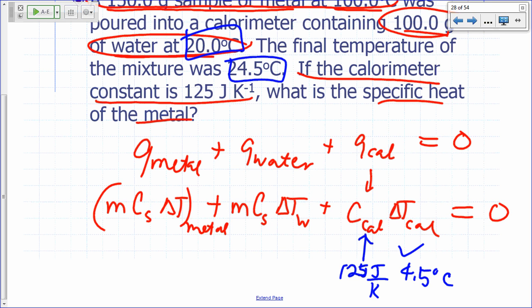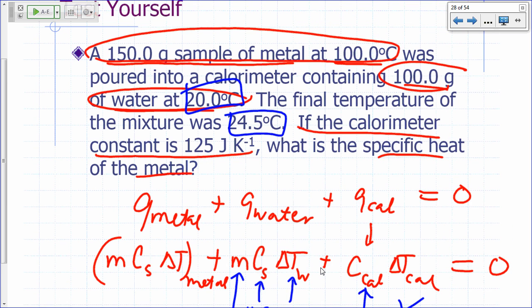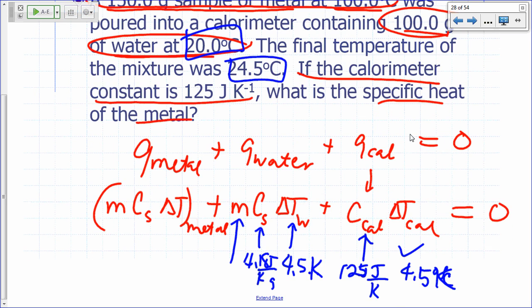Delta T for the water is 4.5; let's call that Kelvin instead of Celsius for consistency. It went from 20 degrees Celsius to 24.5. Specific heat of water, do we know? 4.18 joules per gram per Kelvin. The mass of the water was 100 grams.